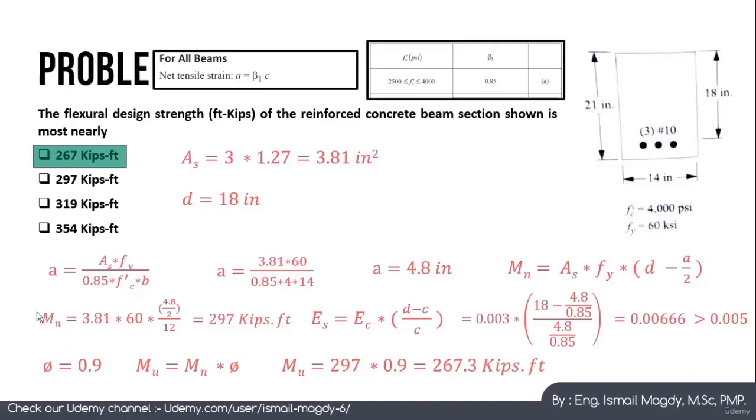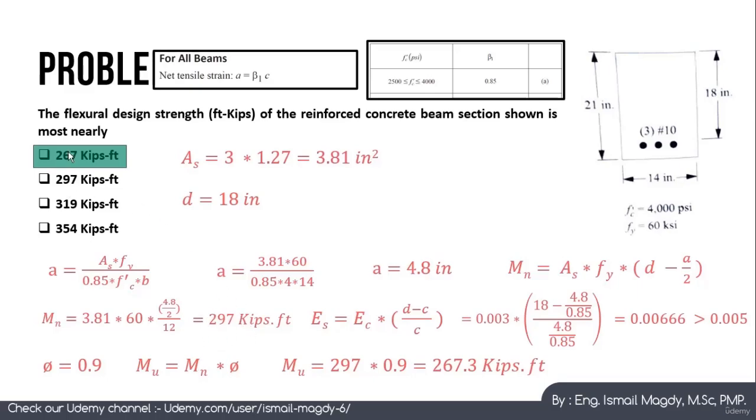We calculated the nominal strength as 297, and we want to calculate the phi, which is going to be multiplied by this value to get Mu. But we know that phi is less than 1. It's either 0.9 or even a smaller value. So this means that Mu is always smaller than Mn, and Mn equals already 297.